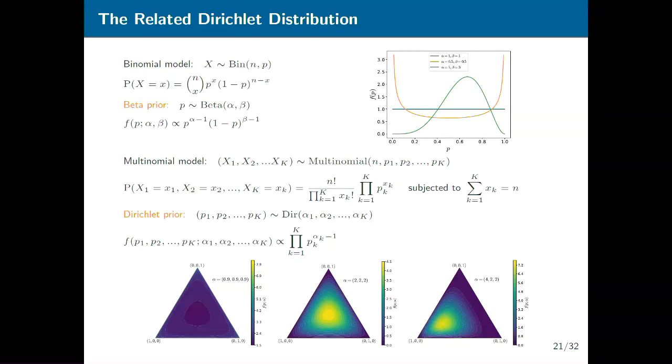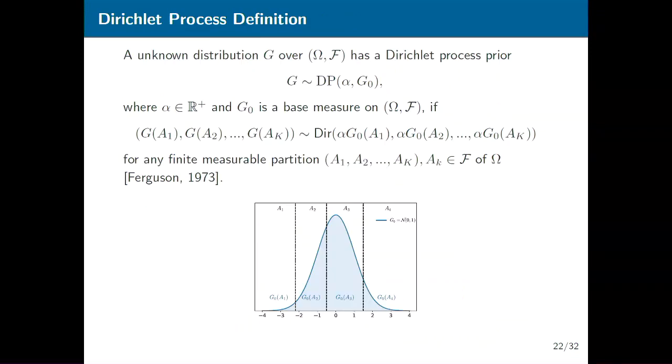And that's all cool. Why am I telling you about all of these things? So now we're ready to define what a Dirichlet process is. In essence, a Dirichlet process is a distribution of distributions over some measurable space. If you are not too familiar with measure theory, I'm certainly not myself, then omega is a sample space, which is just a set.